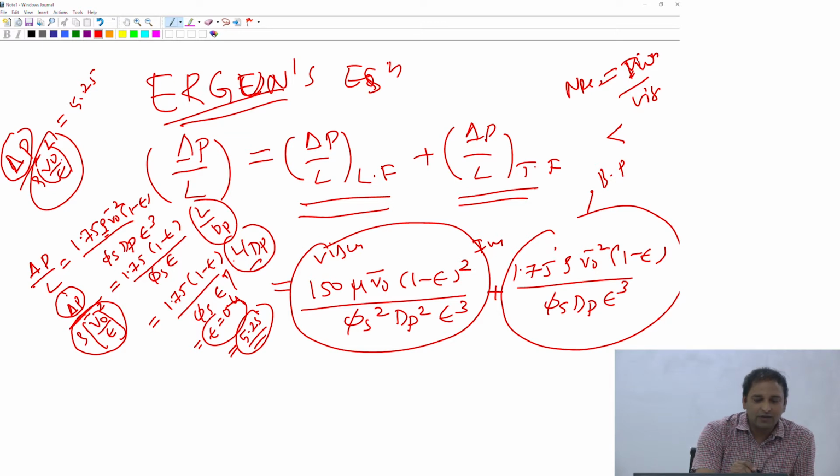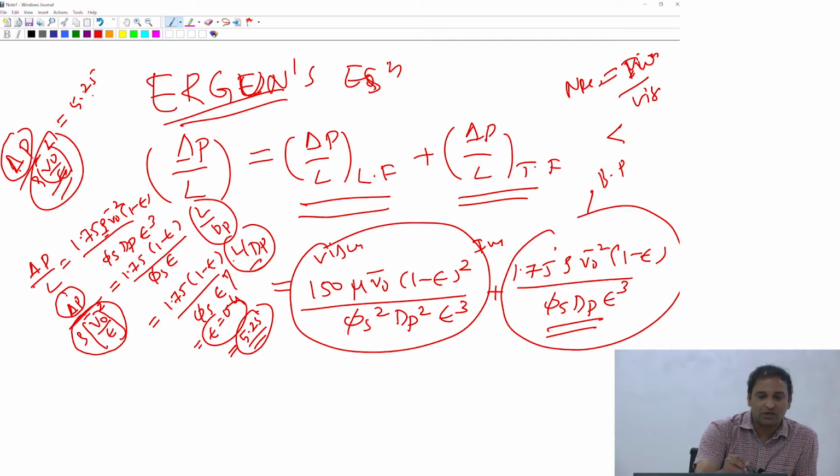And the fact that this pressure drop is 5.2 times the head losses means the kinetic energy losses in the case of turbulent flow conditions are much larger. If you were to do a similar analysis for flow through pipes, you'll see that this ratio will be much less than 1, or 1 or less than 1.